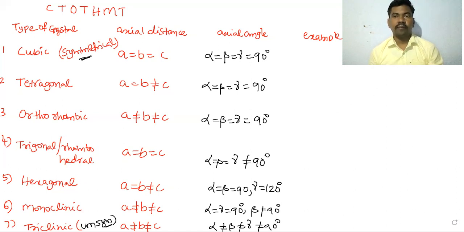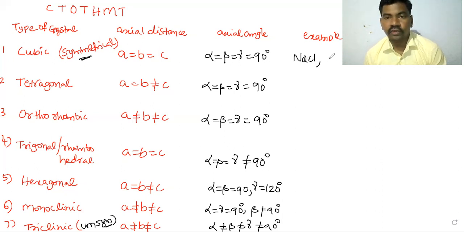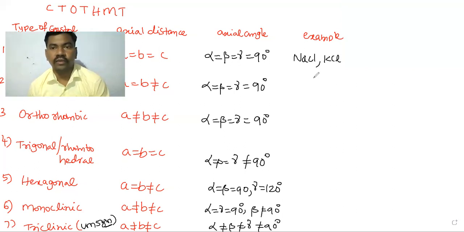Next, examples. For cubic system, example: sodium chloride, NaCl, then KCl, potassium chloride. Then zinc sulfide, zinc blende, then copper, diamond.